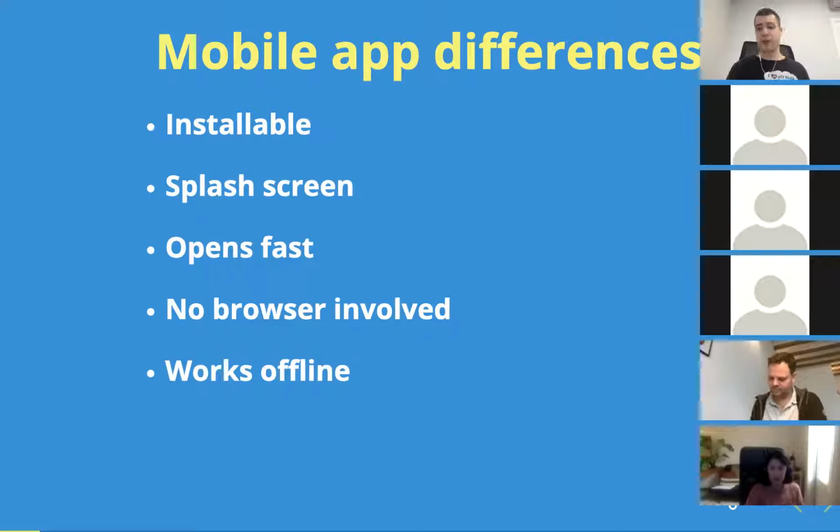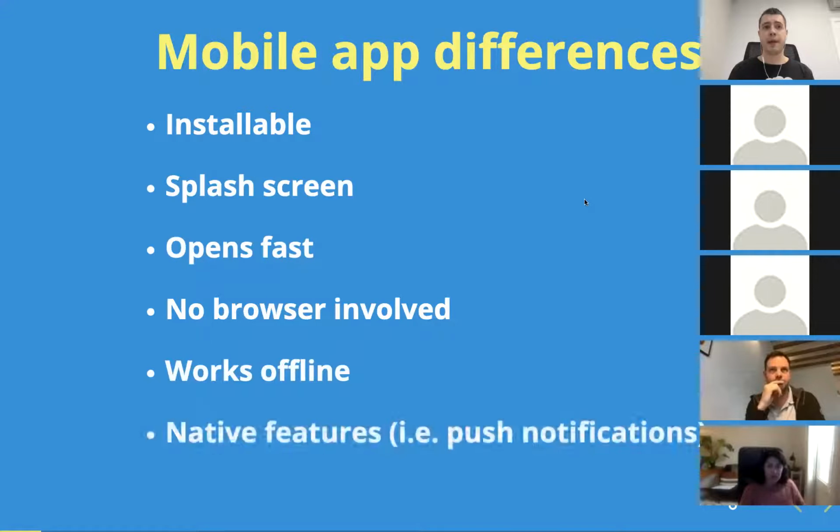So even if you open any application while you're offline, you will still see something loaded. You will be able to interact with the application. You might not be able to get the most fresh data, obviously, since you're offline, but still you'll be able to interact. You will not see something like, oh, you're offline, sorry. These weird offline pages that we usually see in browsers.